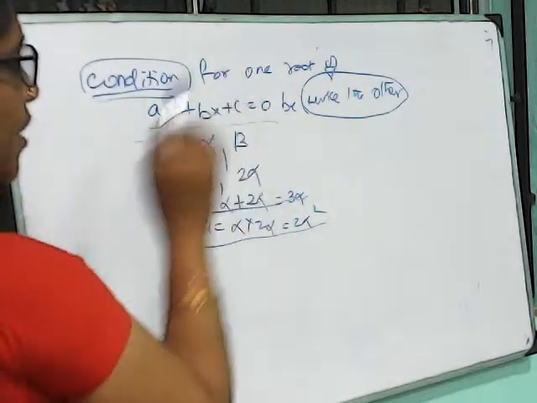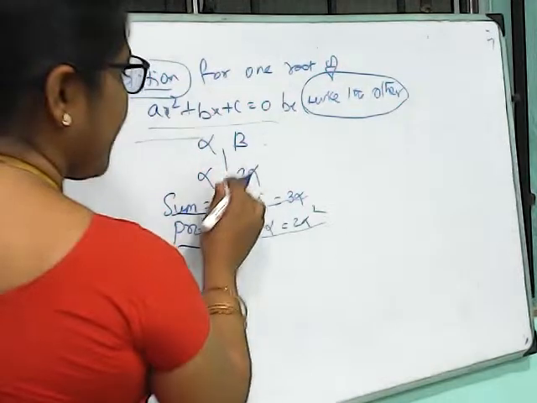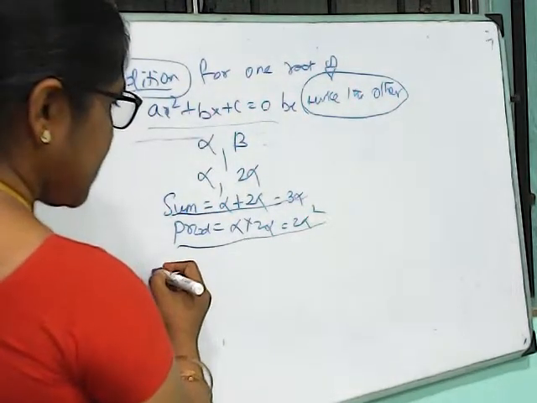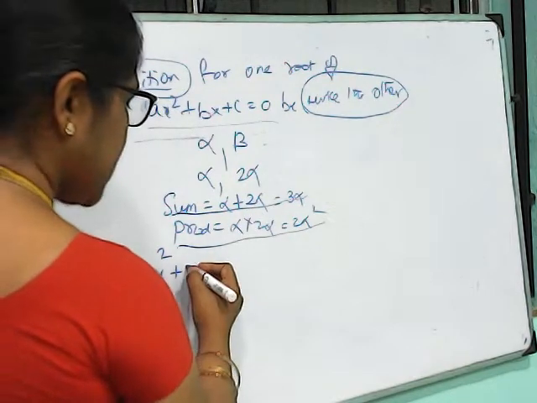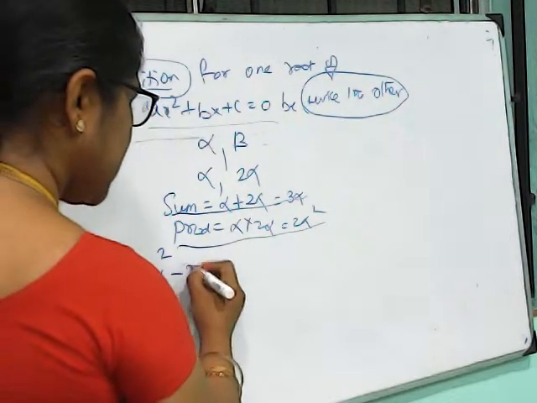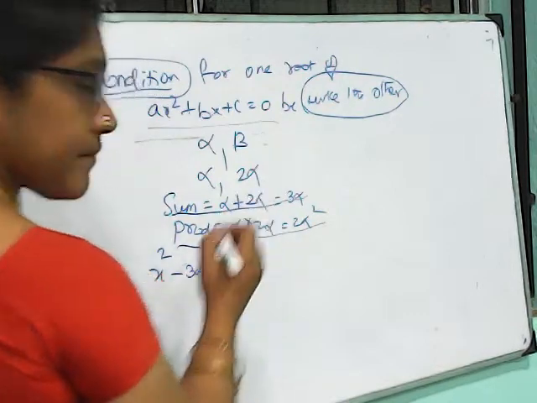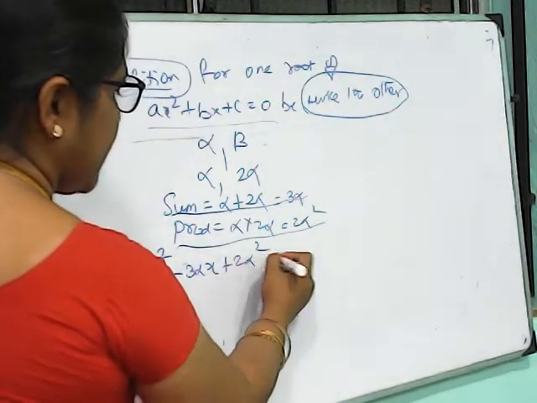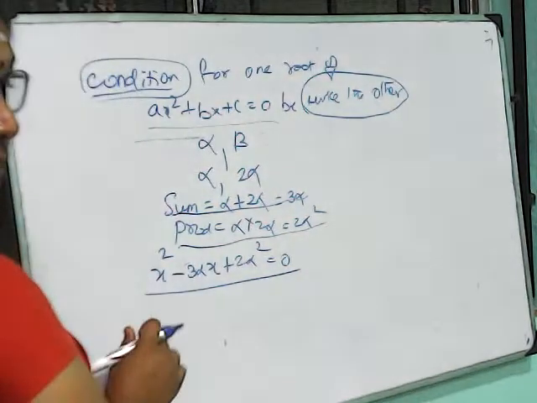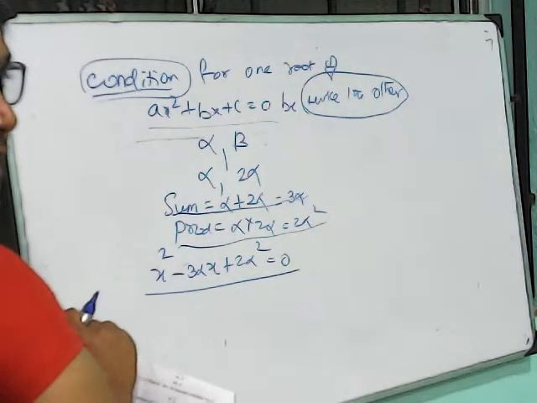So what condition will you state here? The sum is 3 alpha, the product is 2 alpha square. When you write the equation, what will you have? x square minus sum of the roots into x plus product of the roots equal to 0.